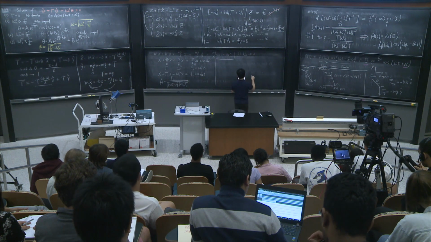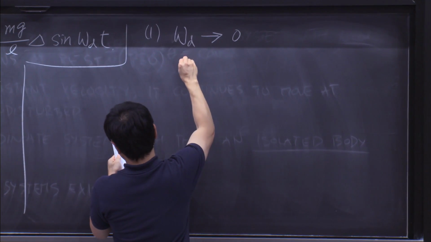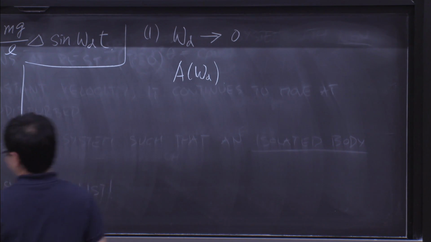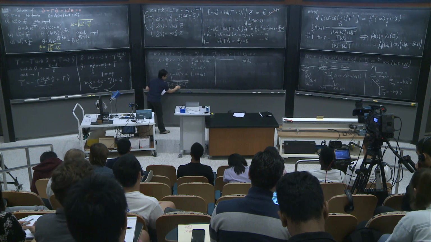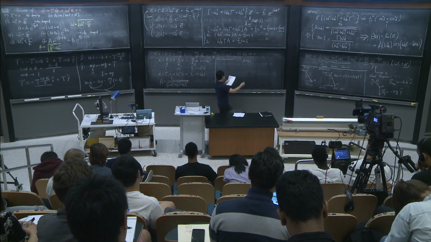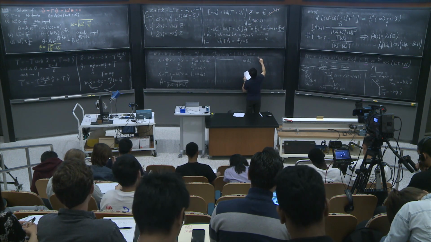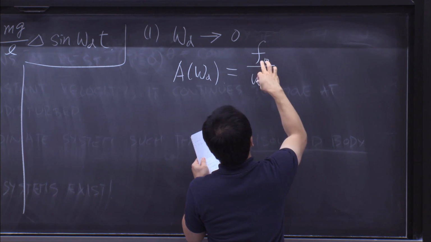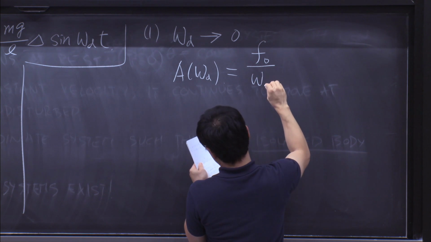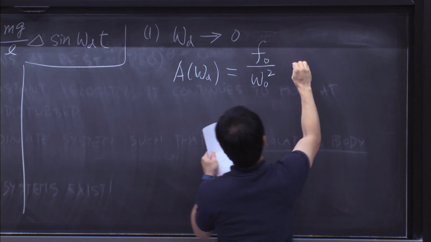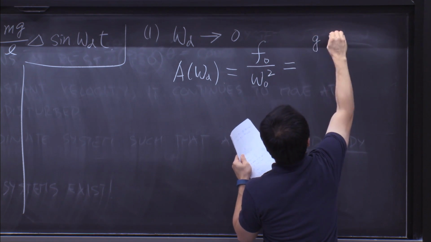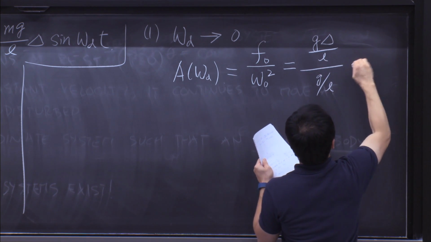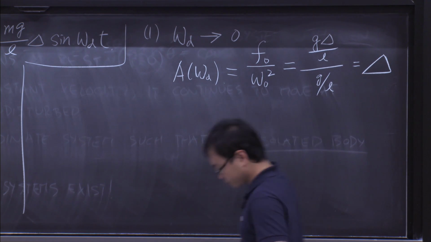If I do this, then since omega d goes to 0, this is gone, right? Therefore, you will see that A will be equal to F0 divided by omega 0 squared, and that is actually equal to G delta over L divided by G over L, and that will give you the delta.